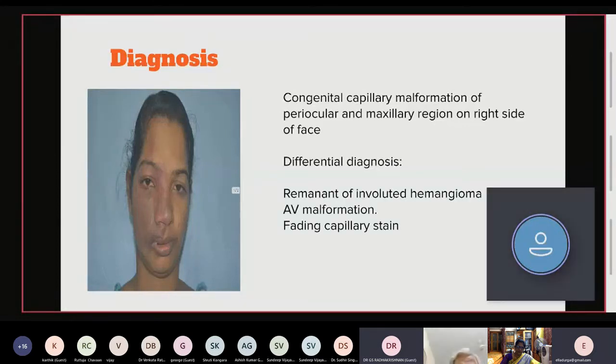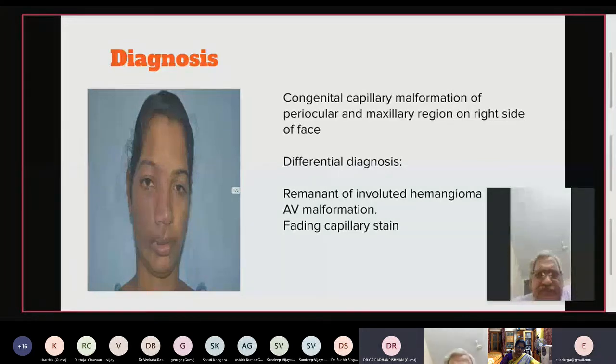Do you expect a full recovery with laser or somewhat of an improvement? In the periocular region, I can expect recovery, sir. In the cheek region, where there is an elevation, the lesion is somewhat deep, and I don't expect a complete recovery, sir.